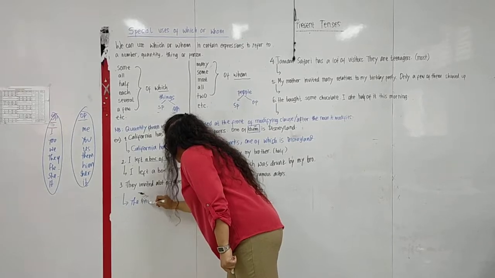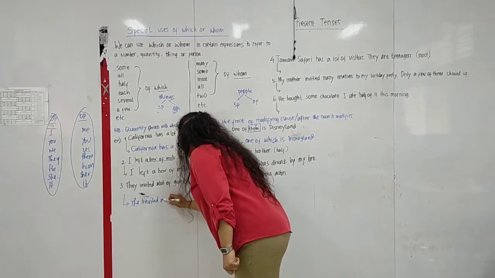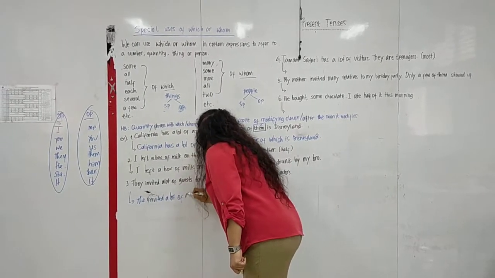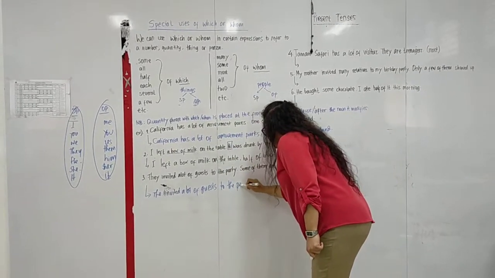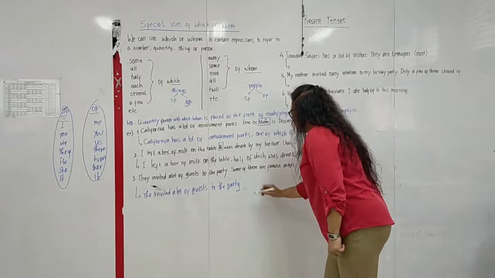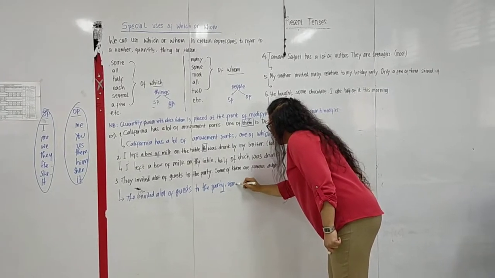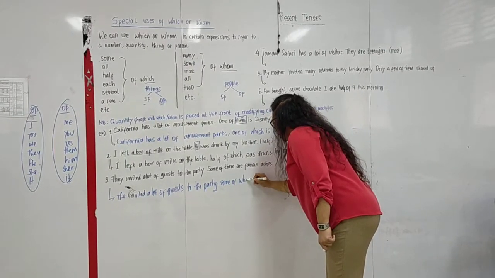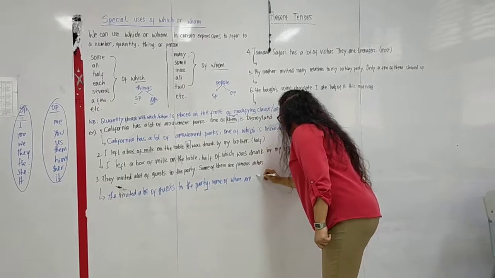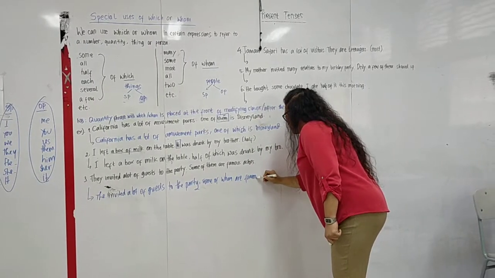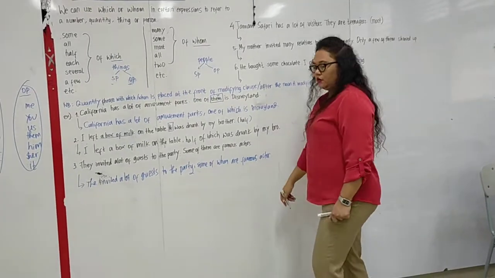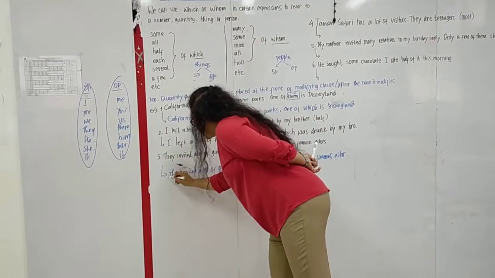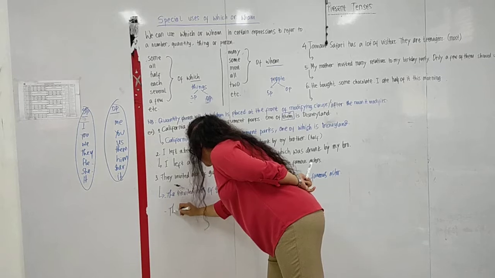They invited a lot of guests to the party, comma, some of whom are famous actors. Or we can also write like this. This is the first one, this is the second one.